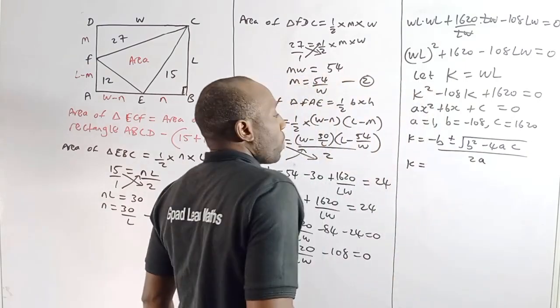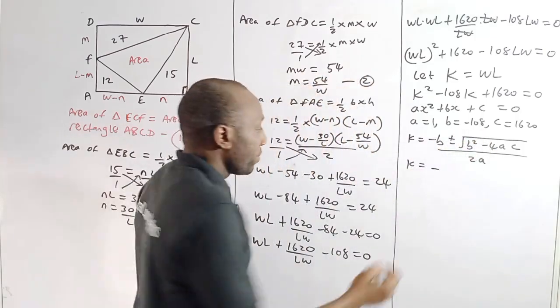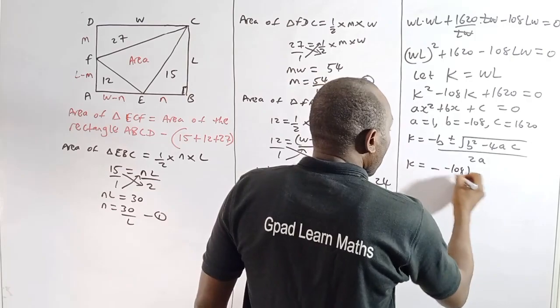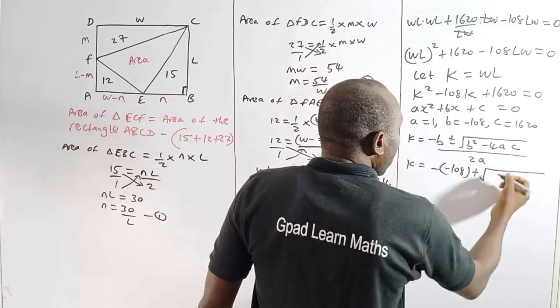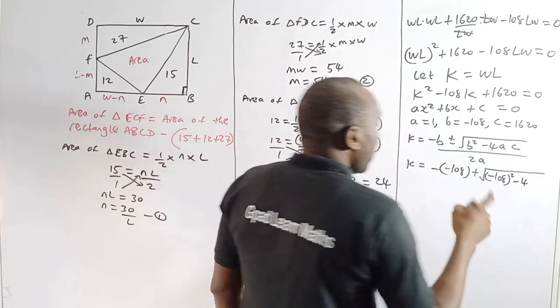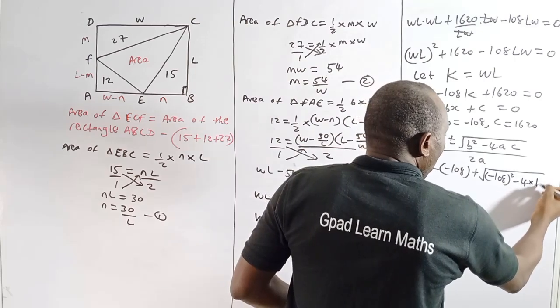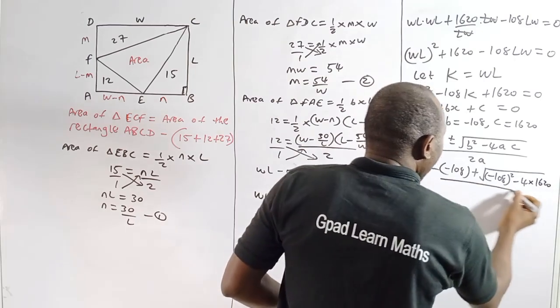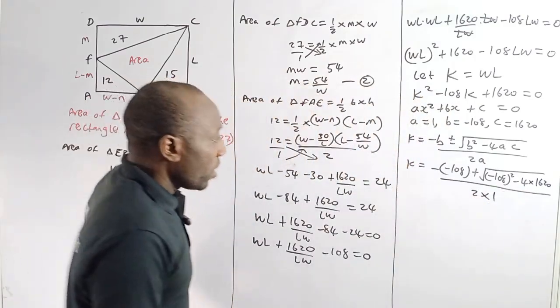And K is equal to minus, what is B? B is what? Minus 108. So minus 108 plus square root of what? B squared. That's minus 108 squared minus 4 times A. A is 1 times C. So times 1620. All divided by what? 2 times A is 1. Are you with me? So let's move on.